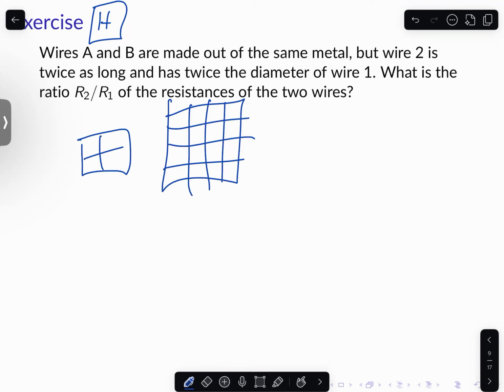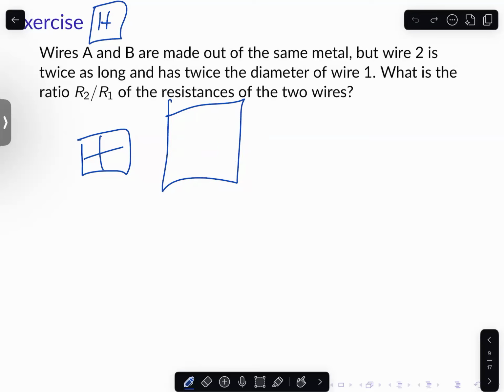Let me make this point carefully. If I double the side of a square, are there twice as many? Are there now 8 squares? No, there are 16 squares. If I double the side of a square, I get 4 times the cross-sectional area.